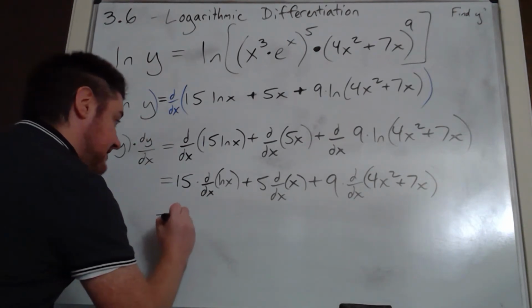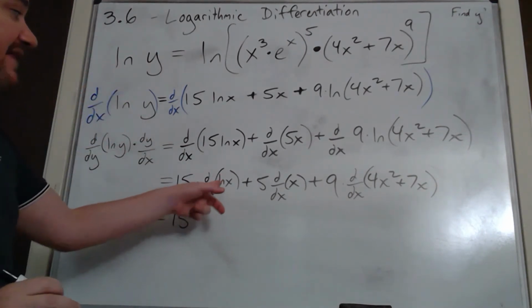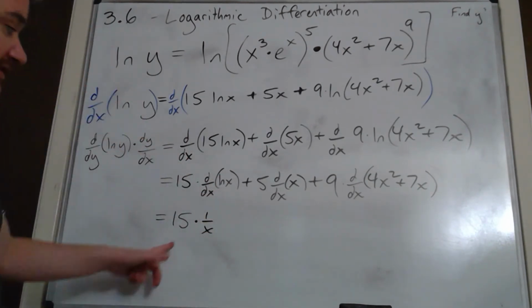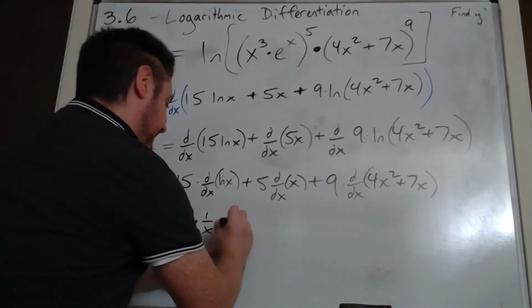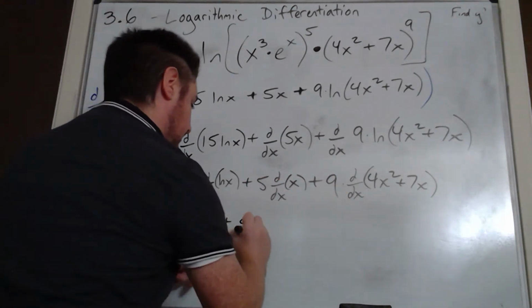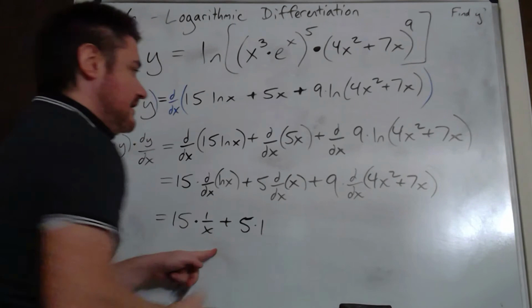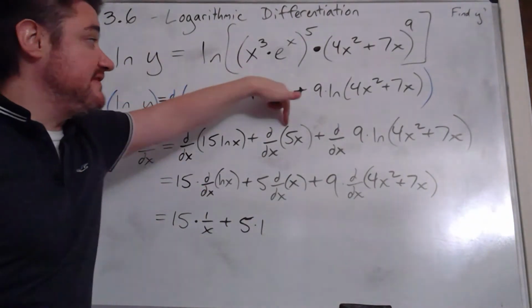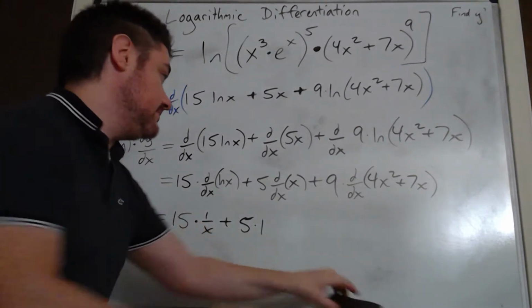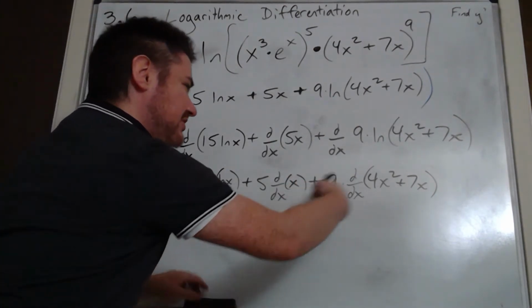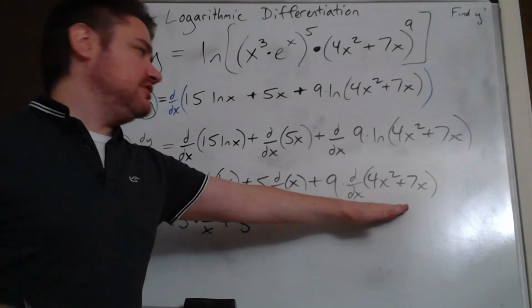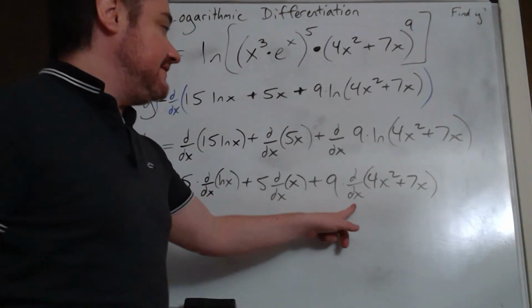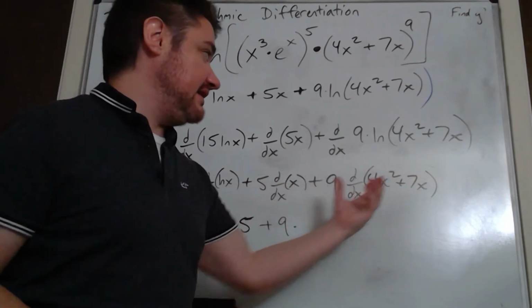So what do we have? We have 15 times, the derivative of natural log of x is 1 over x. So we get 15 times 1 over x, or you might just call that 15 over x. We have 5 times 1, right, out of that. If you had just left it up here without playing around with our constant multiples, you'd say, what's the derivative of 5x? The answer is 5, right? And what's going on over here? Little chain rule. I've got plus 9 times the derivative of, actually, I'm sorry, I was thinking we had logs involved.